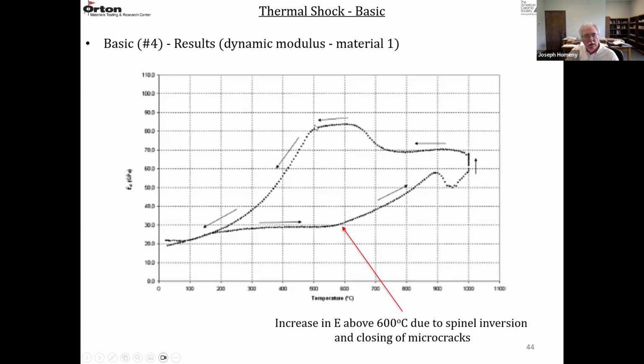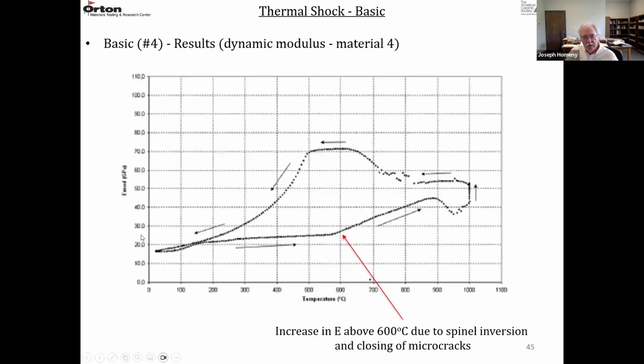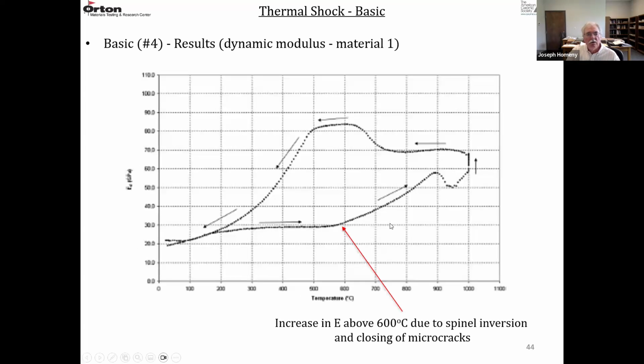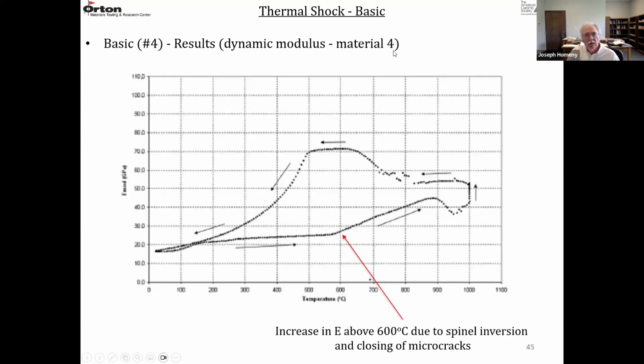It solidifies, giving you a higher elastic modulus here, and then the microcracks open again upon cooling and the modulus decreases. That's the best explanation I can give for this behavior. Again, this was for material 1. This is for material 4.